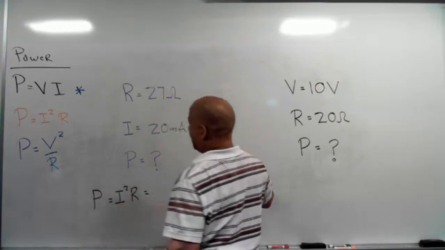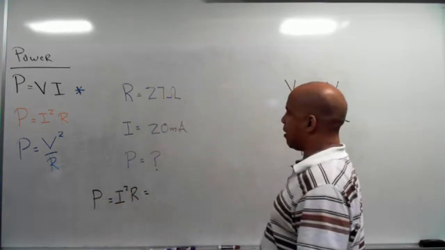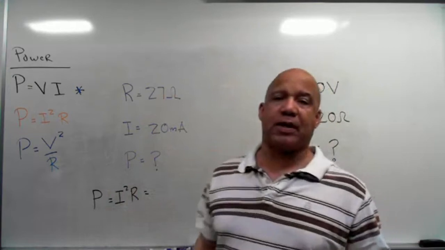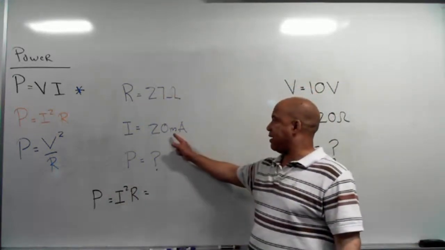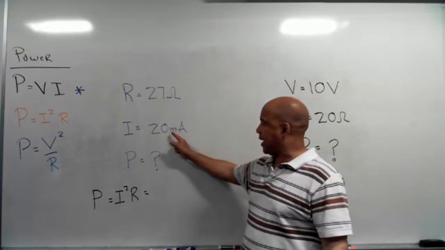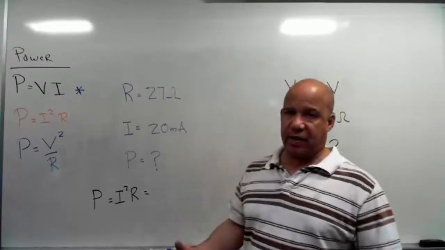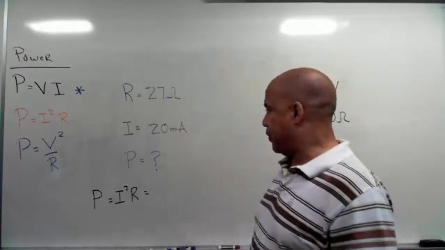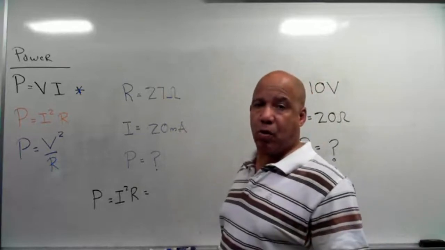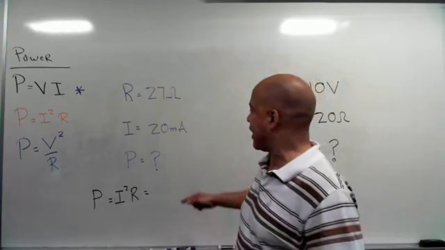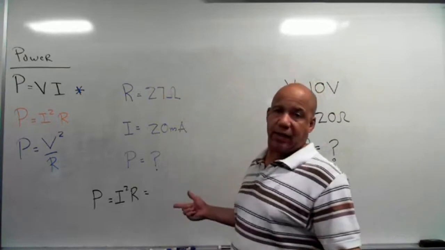I will then put the numbers in for I and for R. Now, earlier I said that I always leave the K as kilo, and the M as milli. Well, the exception to that is anytime I'm taking the square root or squaring a number that's in K or milli, I always write it in decimal.